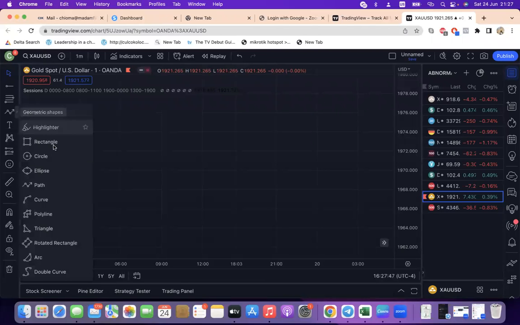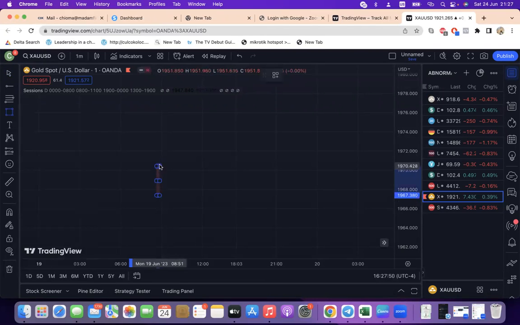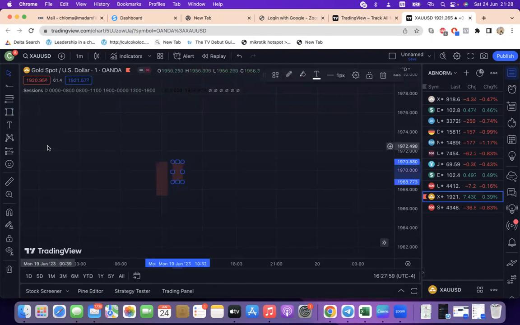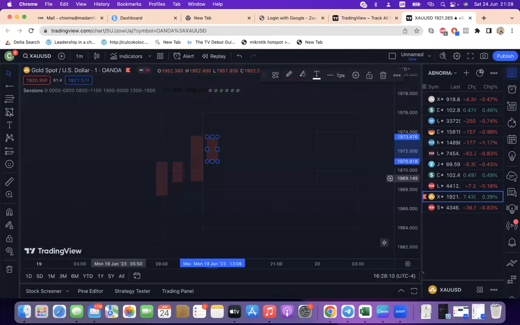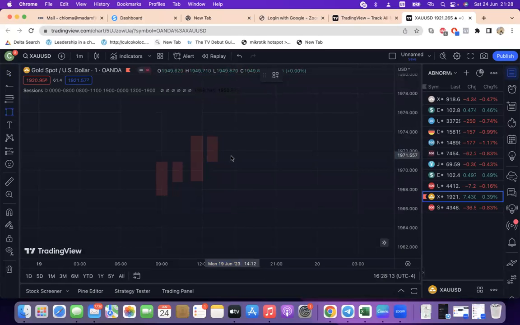So let's say we have an uptrend. Don't worry, I'm going to change the color so that people don't get confused. I'm just trying to illustrate something.